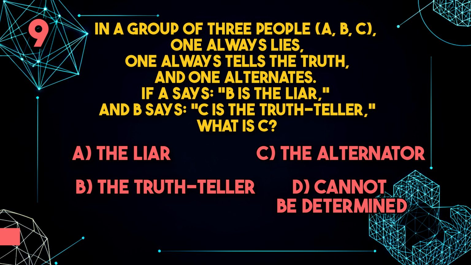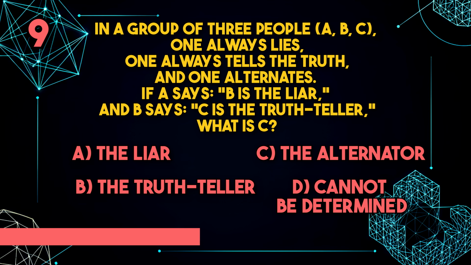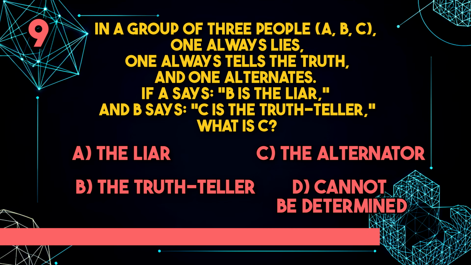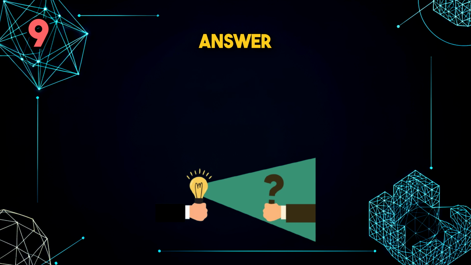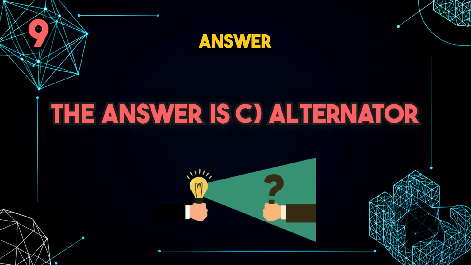In a group of three people, A, B, C, one always lies, one always tells the truth, and one alternates. If A says B is the liar, and B says C is the truth teller, what is C? The answer is C, the alternator.